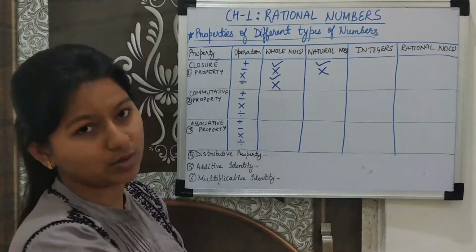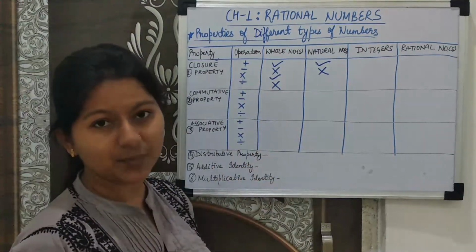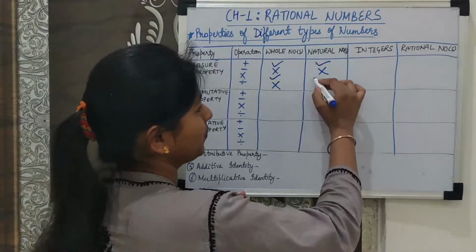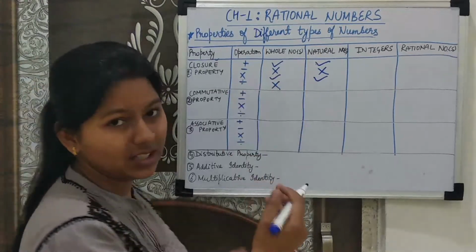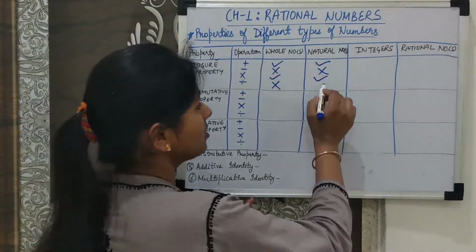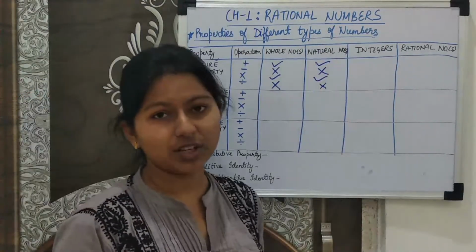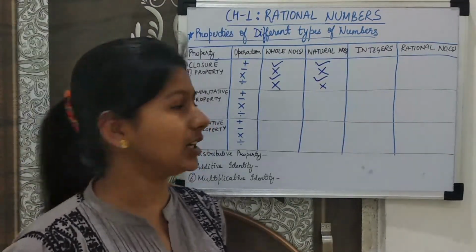Minus 4 will go outside the boundary of natural numbers. Now if I multiply, 3 sevens are 21. Again it is coming inside the boundary of natural numbers, so it is closed under multiplication. And for division, 3 upon 7, it is not closed under division.